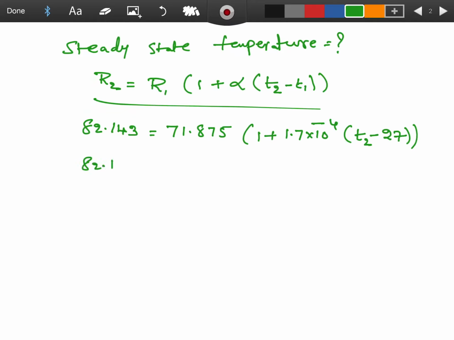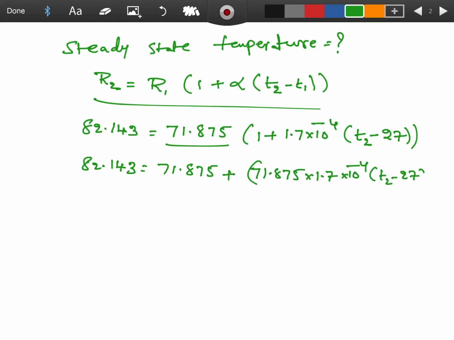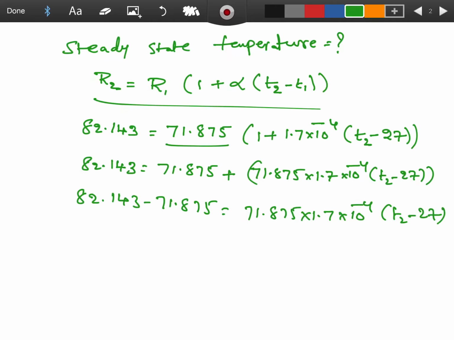Multiplying out: 82.143 equals 71.875 into 1 plus 71.875 into 1.7 into 10 power minus 4 into T2 minus 27. Then 82.143 minus 71.875 equals 71.875 into 1.7 into 10 power minus 4 into T2 minus 27.